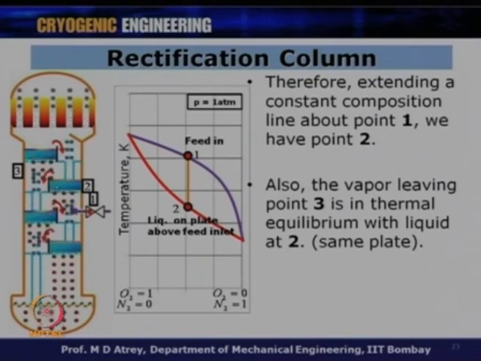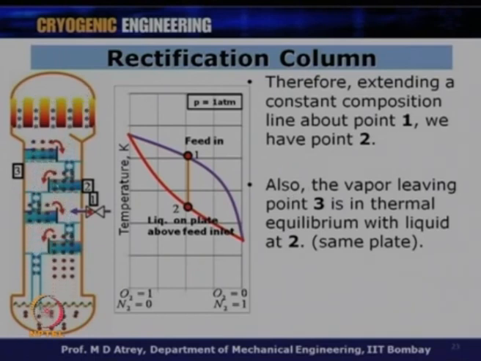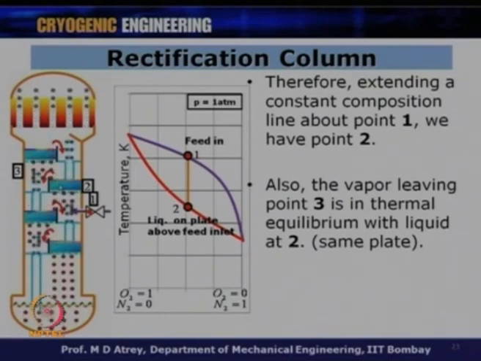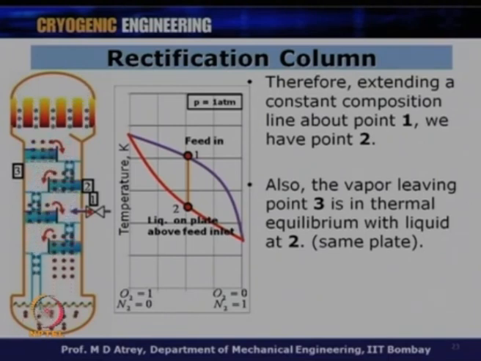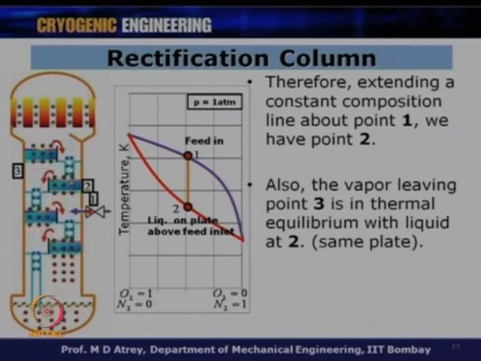Now we have come to point 2, and the liquid here will get evaporated, because the high boiling component in the vapor will get condensed, and the low boiling component of this liquid will get evaporated because of the heat transfer between the vapor and the liquid. So, what vapor will leave this place? The vapor which is going to leave will be higher in nitrogen content, because nitrogen is the low boiling component.